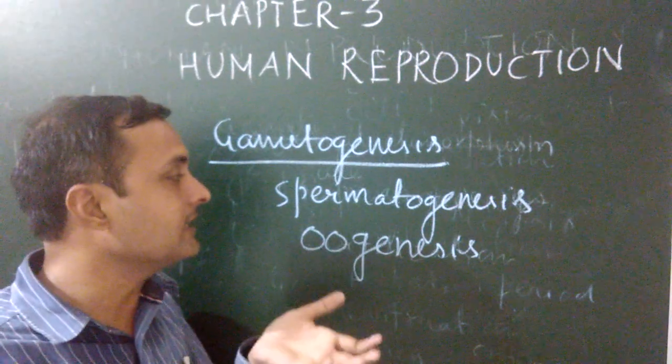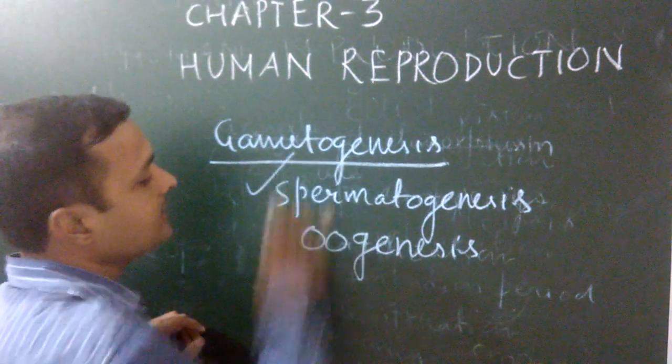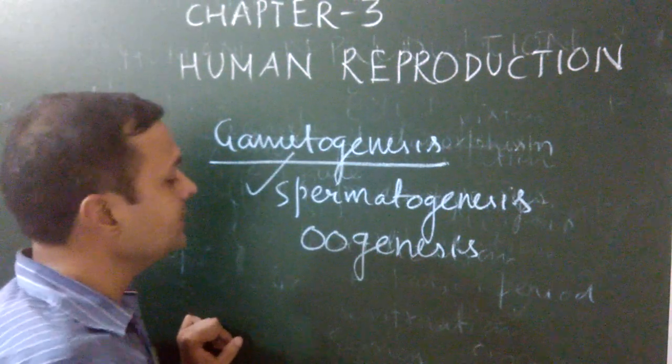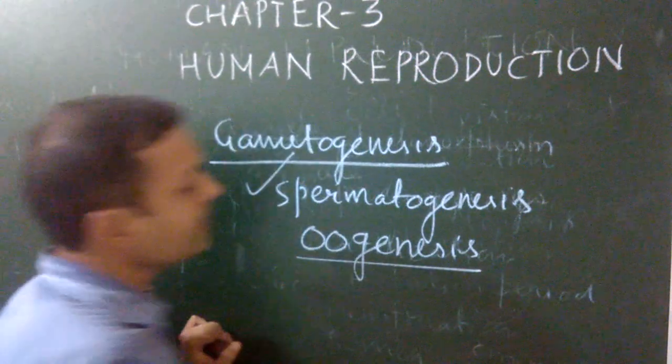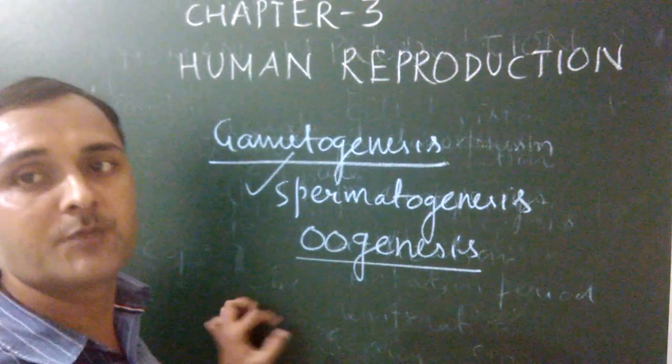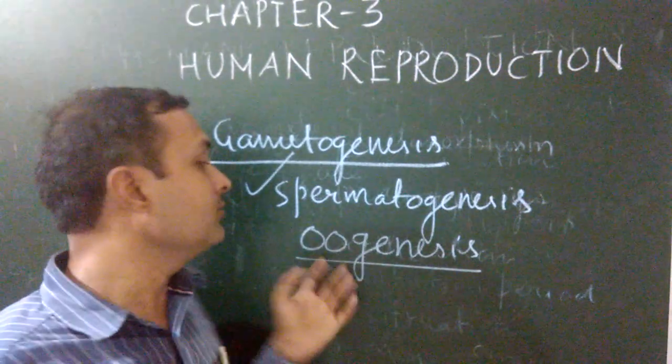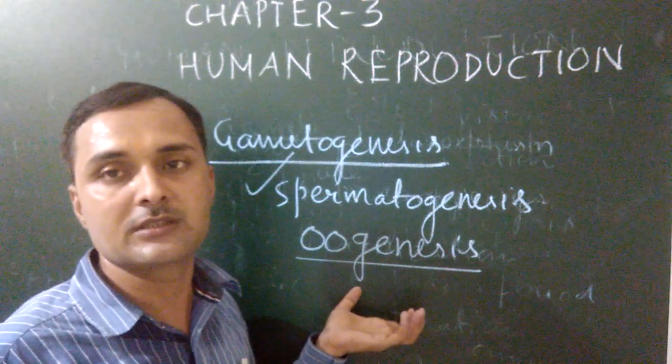In human males, it is known as spermatogenesis, and in human females, it is known as oogenesis. Spermatogenesis starts at the age of puberty in humans, and oogenesis starts since birth.